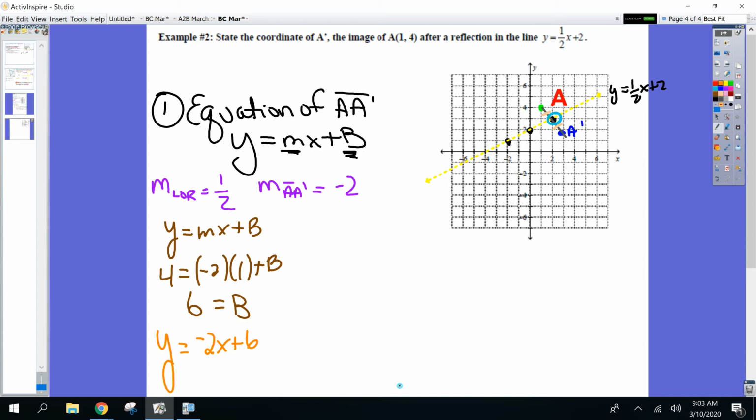Remember, our first job was to find the midpoint, the point of intersection. Time to dust off some algebra skills. Last year in algebra, if you knew the equations of two lines, do you remember how to find where they intersected? Because that's what I need to do right now. I got two lines, got to figure out where they intersect.